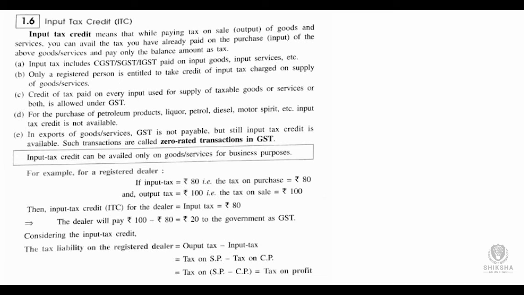Services mean anything other than goods, money, securities, such as banking services, insurance services, teaching services, lawyer services, anything other than goods, which does not include any physical transaction. Goods are tangible, whereas services are intangible in nature.